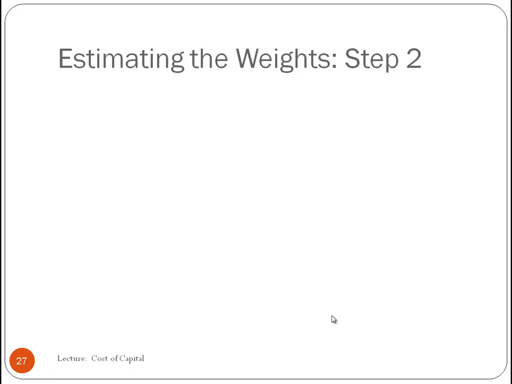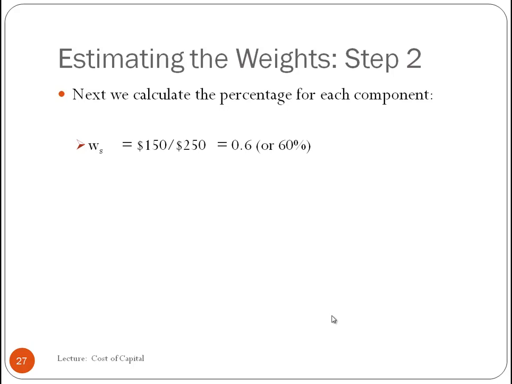Step 2 is as follows for estimating the weights. Now we just calculate the percent for each component. And this is pretty straightforward. We calculate weights, which is just the value of the component divided by the total. So 150 is the value of the stock, and the total value is 250, which is what we calculated on the previous slide, which is 0.6 or 60%.